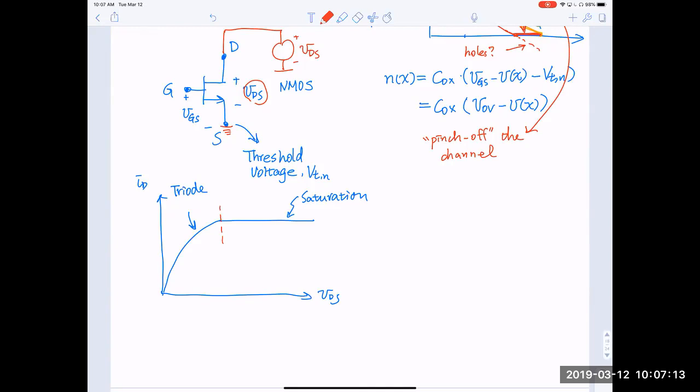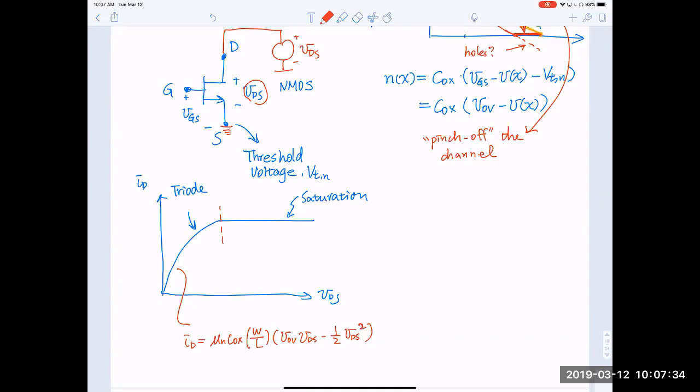The triode region can be modeled by ID equals mu n Cox W over L, V overdrive VDS minus 1/2 VDS square.